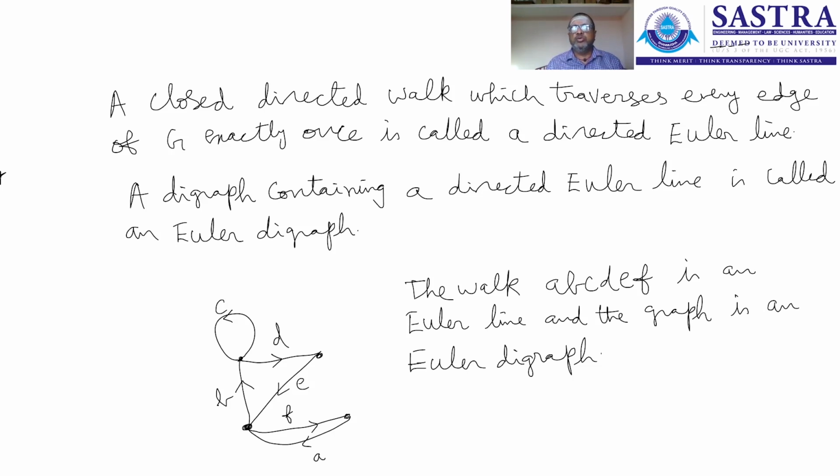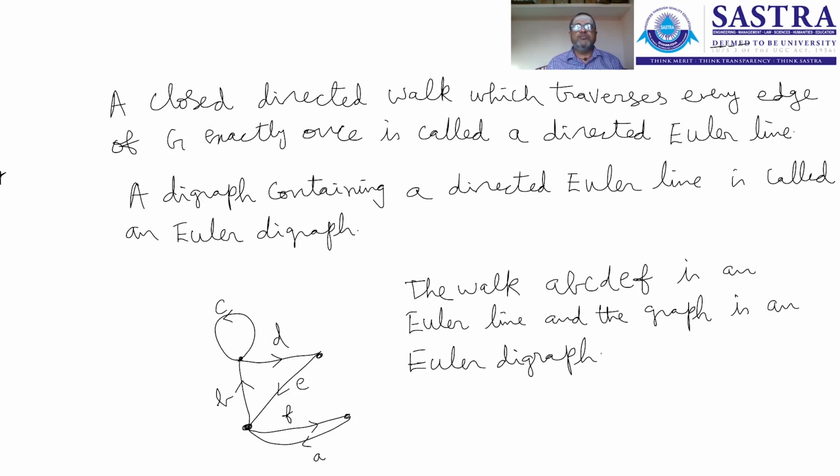Similar to the undirected graph, where an Eulerian trail does not repeat edges, here you have to go through all the edges of the graph G only once, not more than once. When you travel all the edges exactly once, that is called a directed Euler trail.